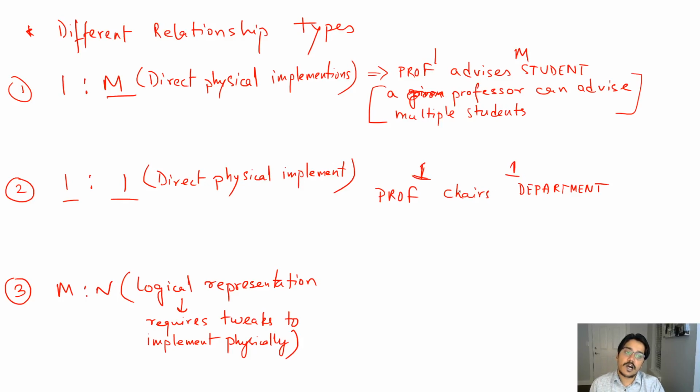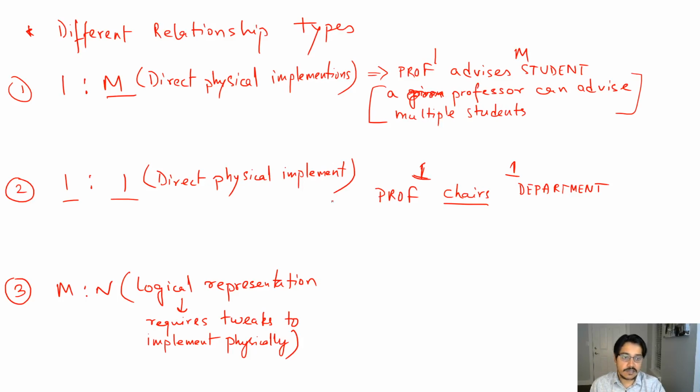Right? However, the reason why labeling is important is because if you now switch the nature of this interaction, then you can generate a completely new relationship and relationship type between the same two entities.